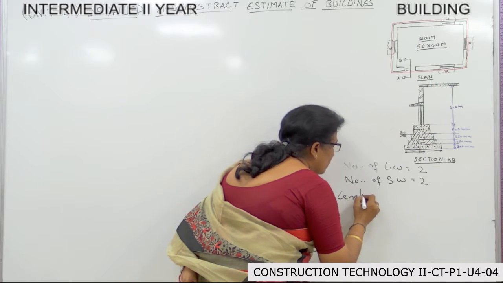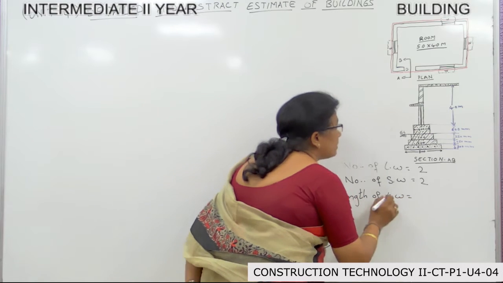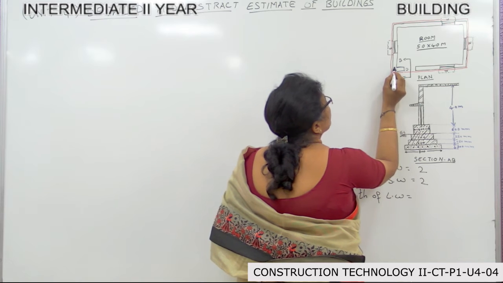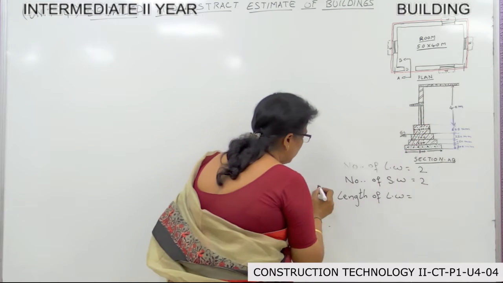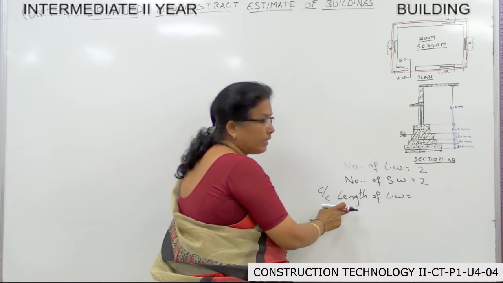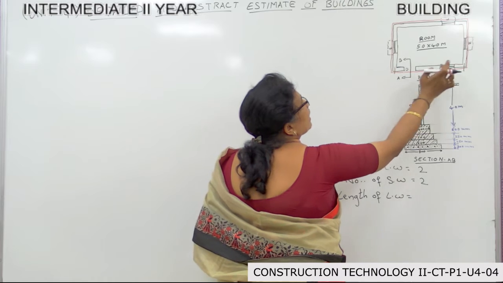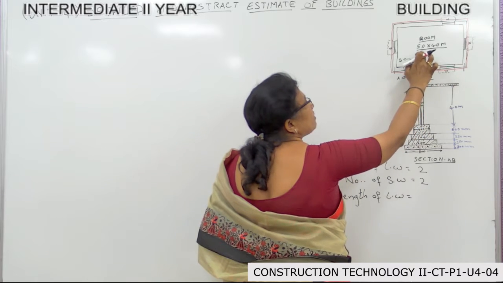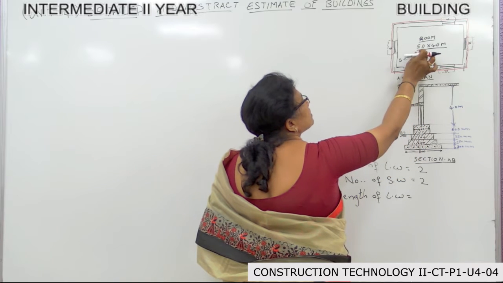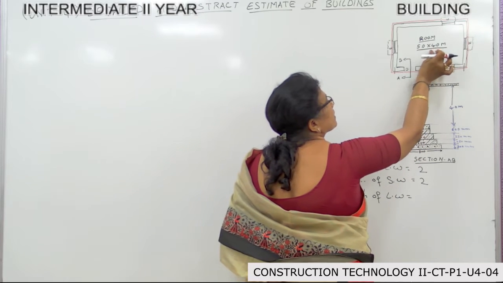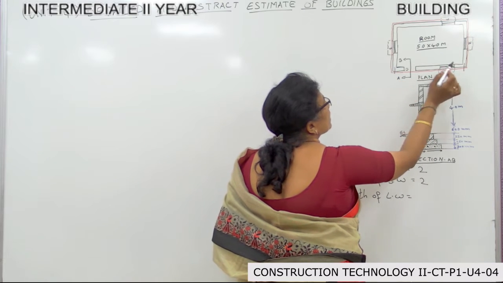Now, length of long wall. From here to here we have to take center to center. C by C is center to center length of long wall. That means this is the inner dimension. What you are seeing, 5 by 4, is the inner dimension. Always the first number indicates the length and the second dimension indicates the breadth.